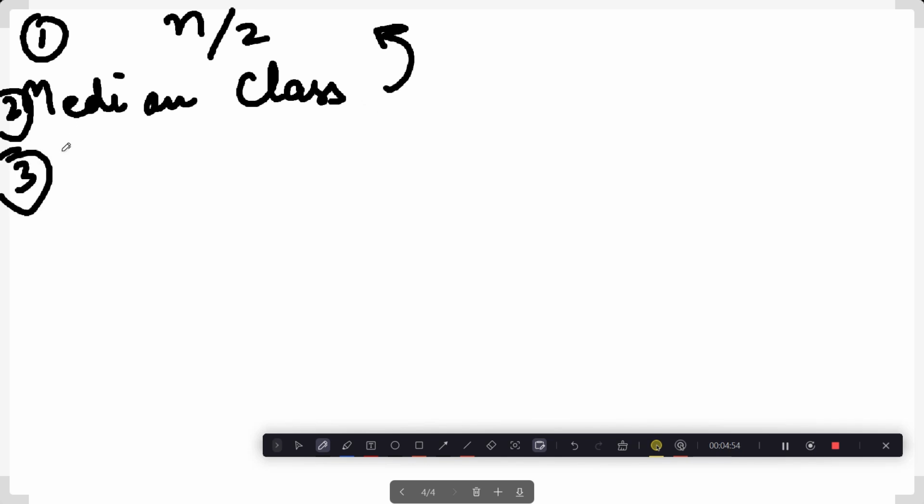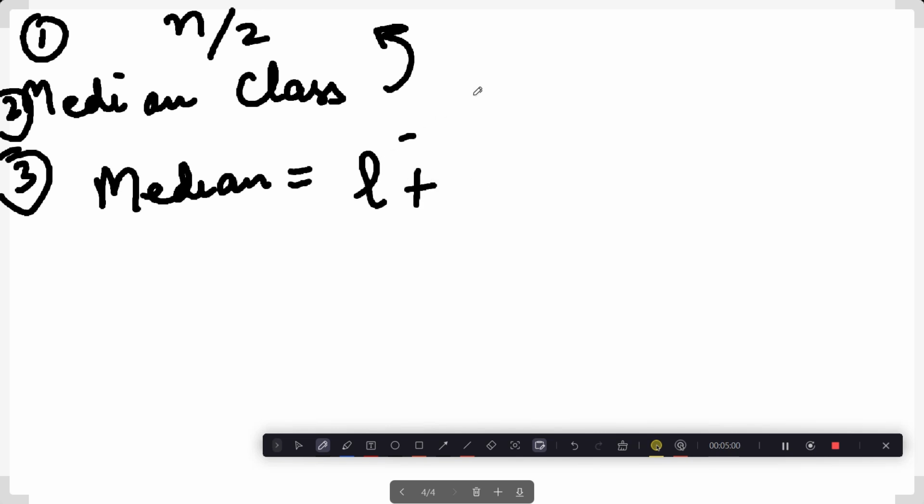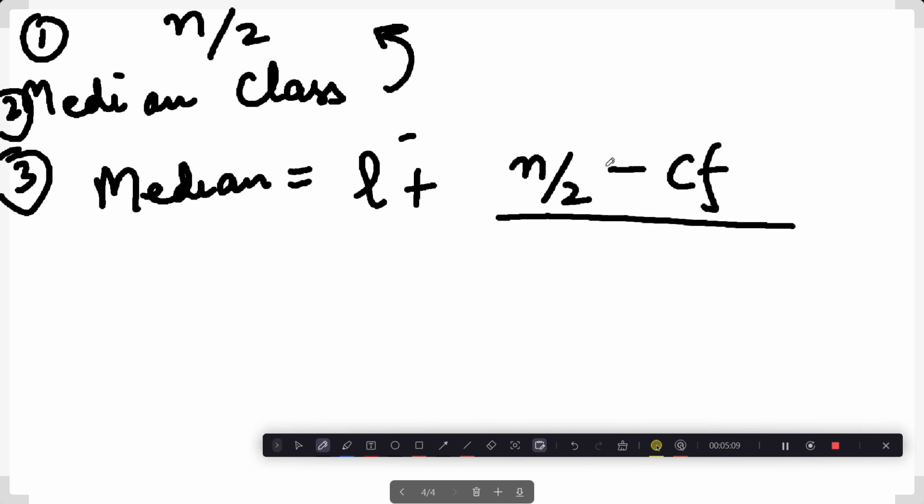Third step is to find the median, which is L plus, L is the lower limit, ये जो median class निकला है उसका lower limit, right? n by 2 minus cumulative frequency of the preceding class of this median class, divided by the frequency of the median class, into class size. That's the median.